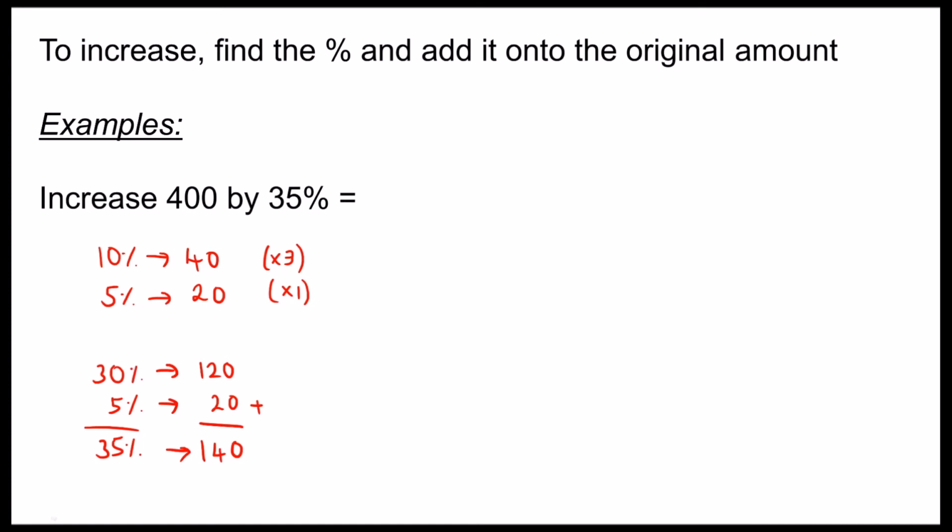Because I want to increase 400 by this 35%, I need to take my original amount of 400 and add 35% on. We know that 35% is 140. So if I work that out, we get 540, meaning that increasing 400 by 35% gives me 540 as my answer.